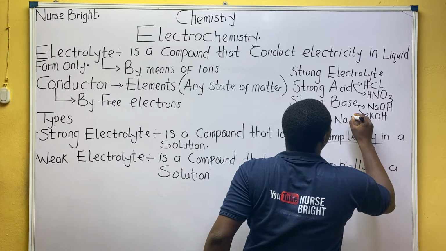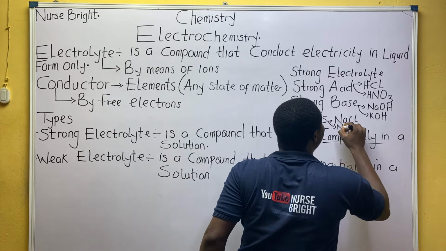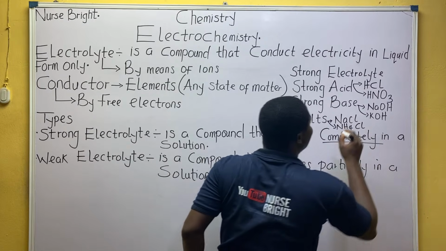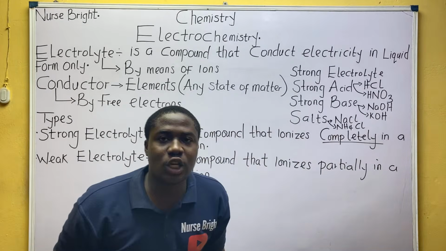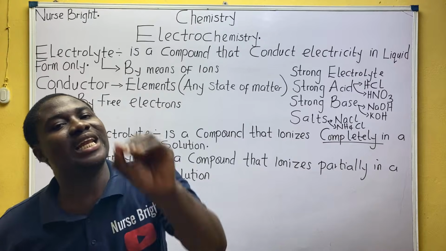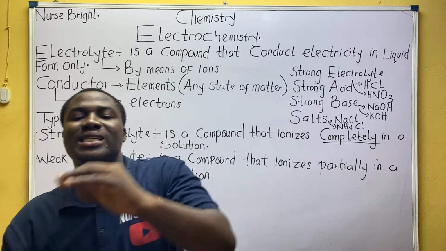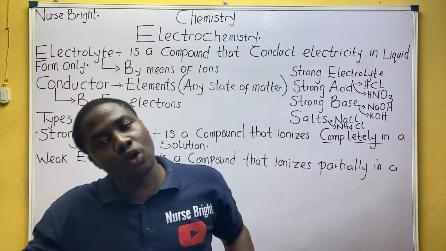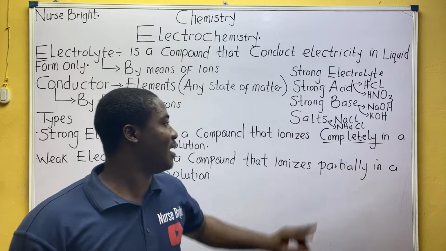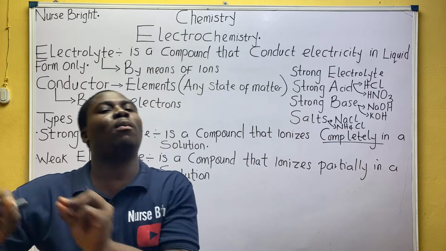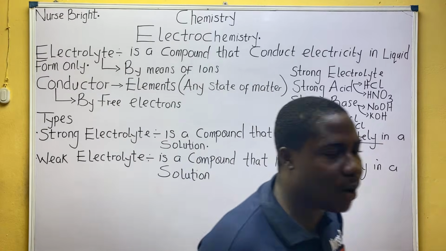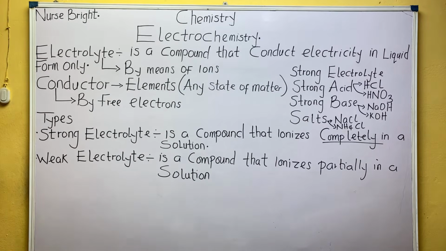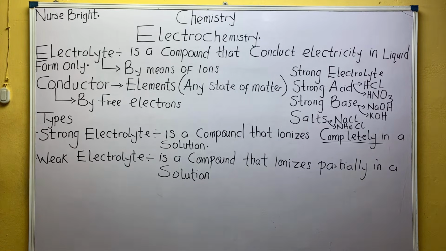Like sodium chloride, like ammonium chloride, NH4Cl. I taught you already, NH4 is ammonium, Cl is chlorine. But when chlorine is in a compound, it is called chloride. So NH4Cl is called ammonium chloride. All these are examples of strong electrolytes, all right? So that is for that.